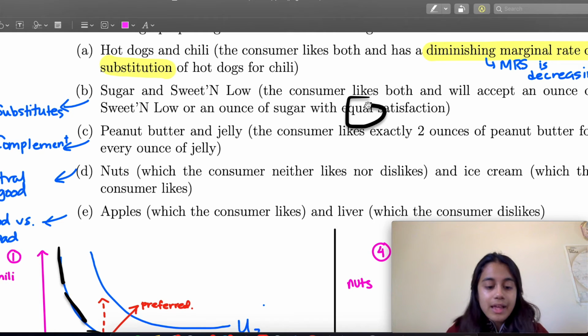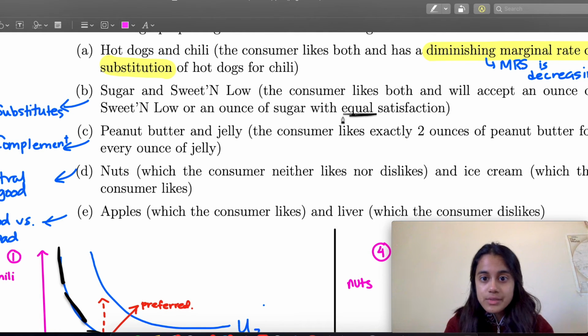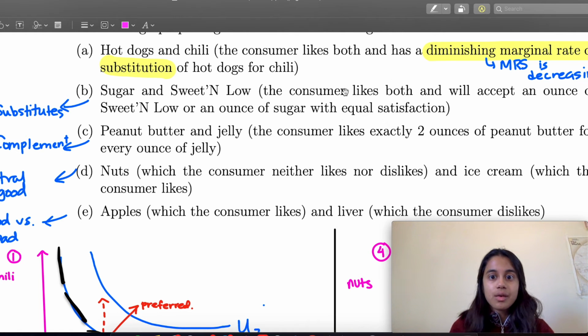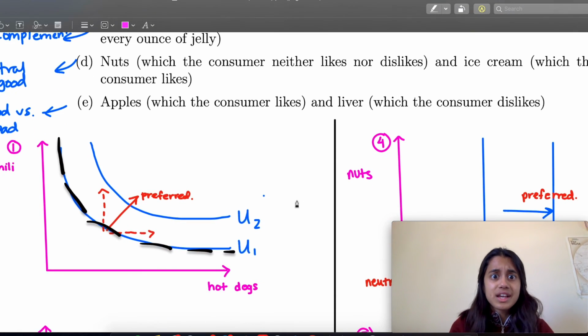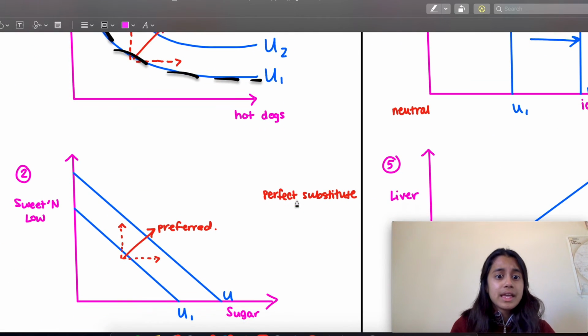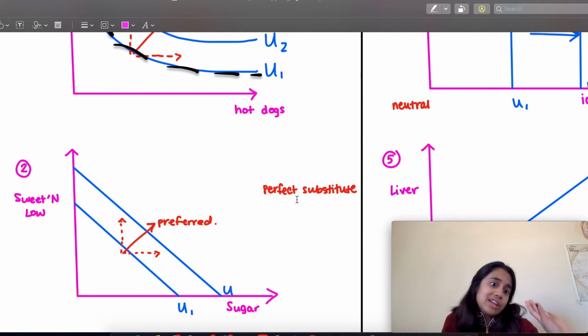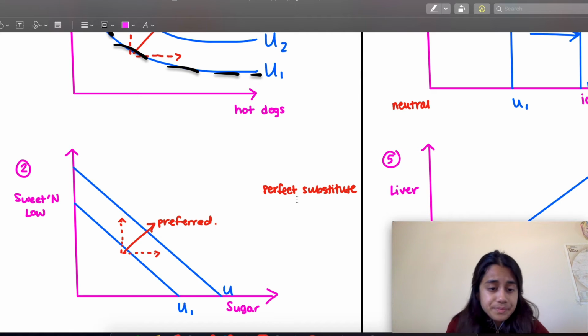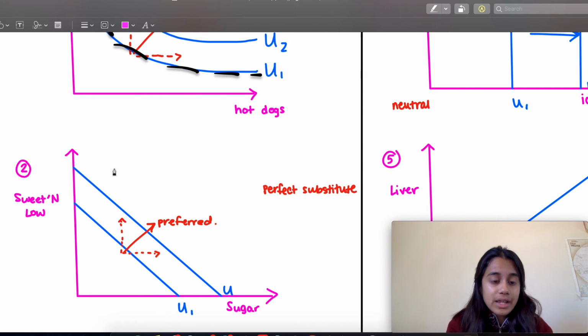Equal satisfaction, consumer likes both. What does that sound like? That sounds like a perfect substitution to me. Equal satisfaction means I can take either Sweet'N Low or sugar, it doesn't matter. And so that's why we're going to have these straight lines.